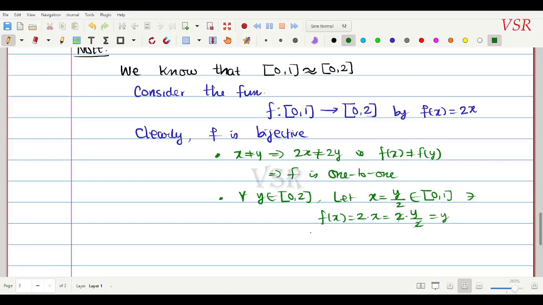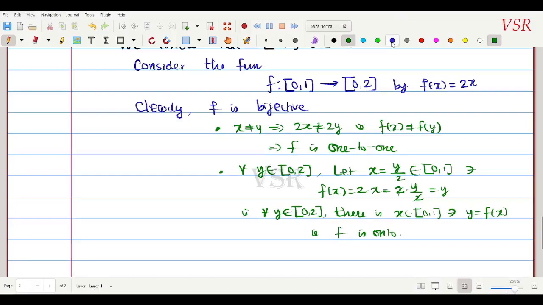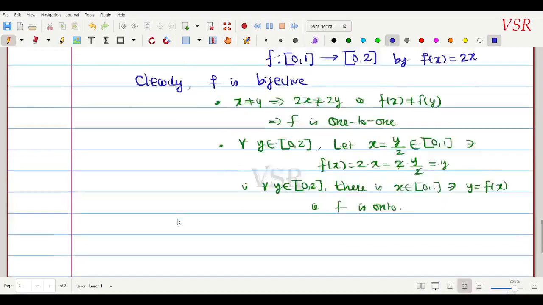So for every y in [0, 2], there is x in [0, 1] such that y equals f of x. So f is onto. Therefore f is bijective.